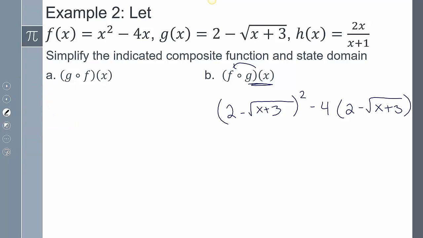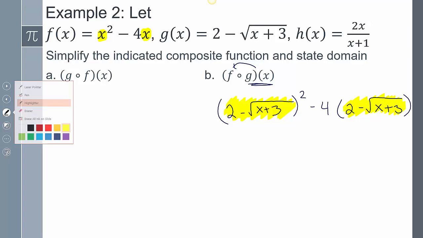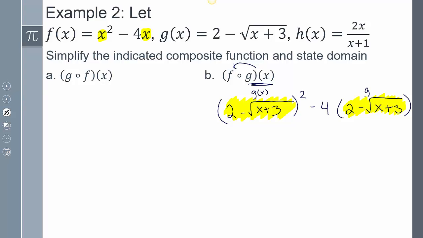Now to emphasize, there's my x, there's my input. And so this right here, this is my g of x that I plugged in.